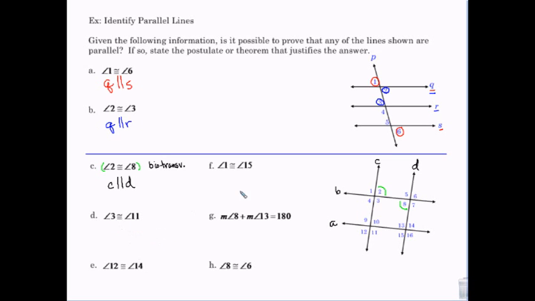If I look at 3 and 11, I've got 3 here and 11 here. Do you see how they're in the same position to B and A? That makes C the transversal. And that makes A and B the parallel lines.